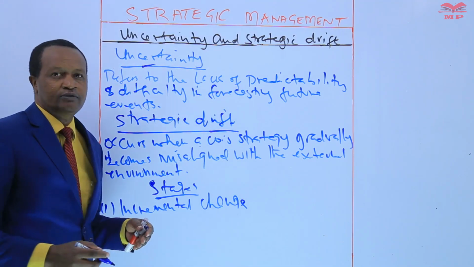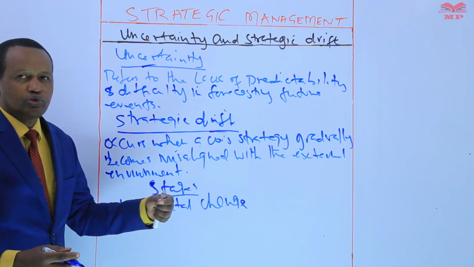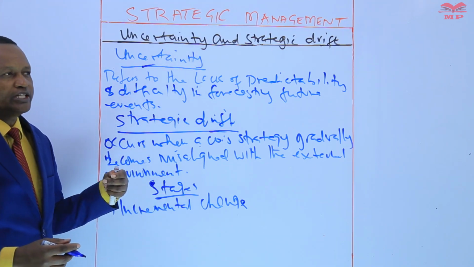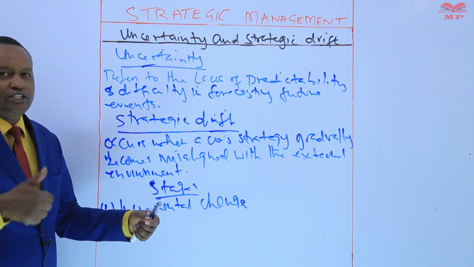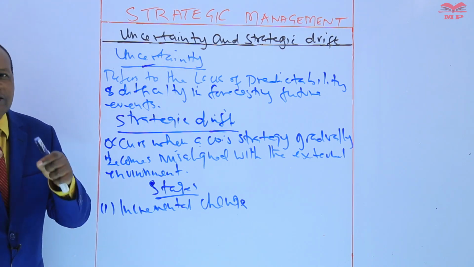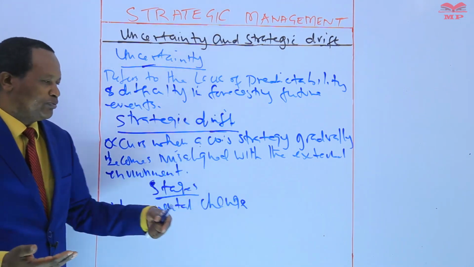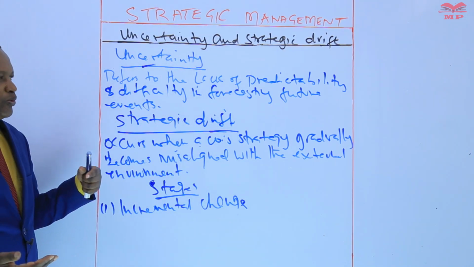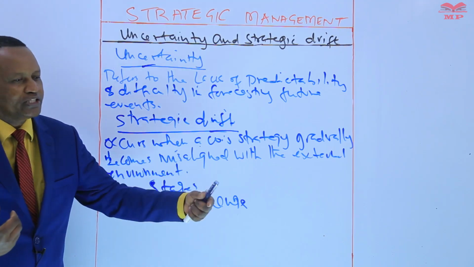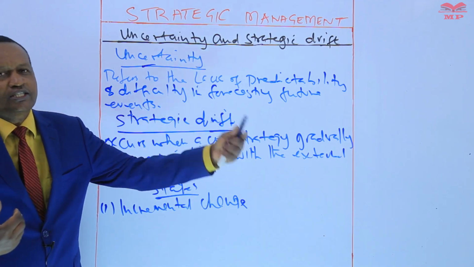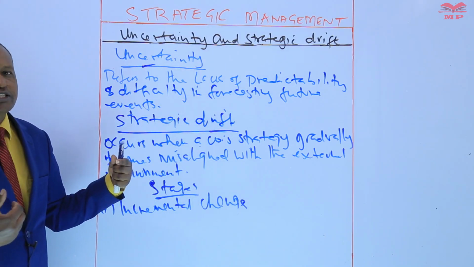All right? When there is incremental change, continuous change, the organization makes small incremental changes to strategy, but these changes are not sufficient to keep pace with the evolving environment. The organization makes small changes as compared to the changes that are happening in the environment. That is how it happens.